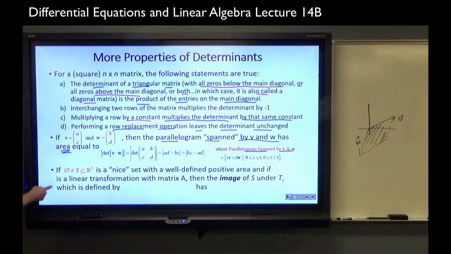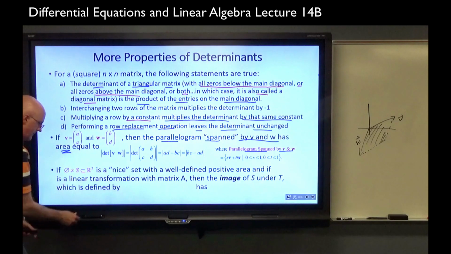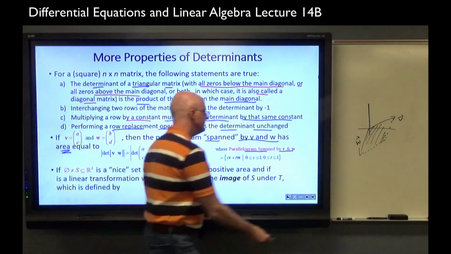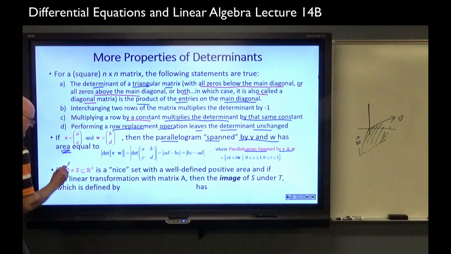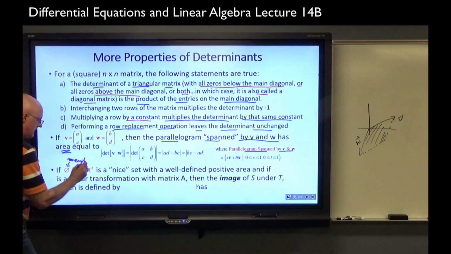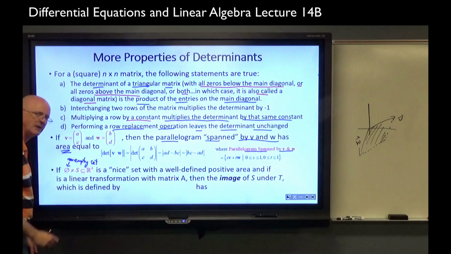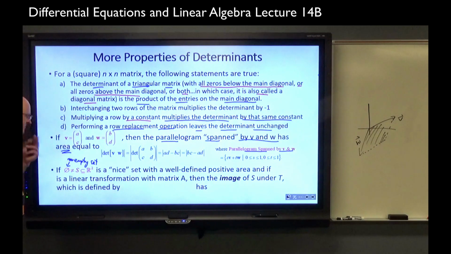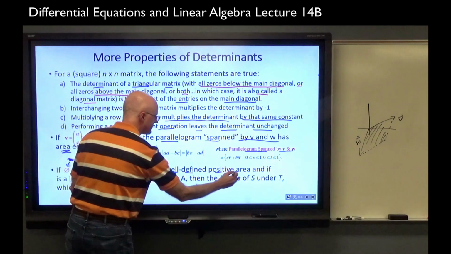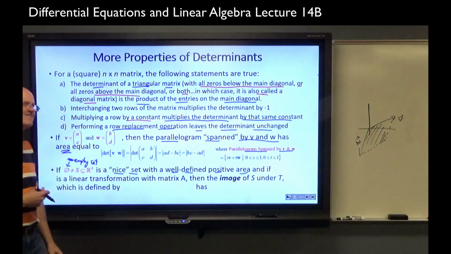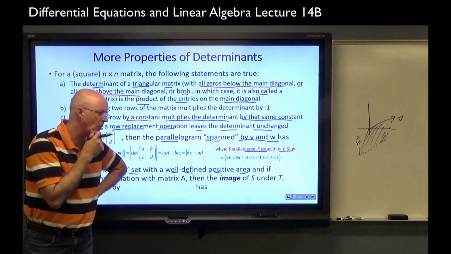Another fact, if S is a subset of the plane that's not the empty set. That's notation for the empty set there. S is non-empty, it's got at least one element. Oh, this is the empty set. It's the set with nothing in it, which is a set, actually. If this is a nice set, S itself, with a well-defined positive area, what would it mean to have a well-defined positive area?